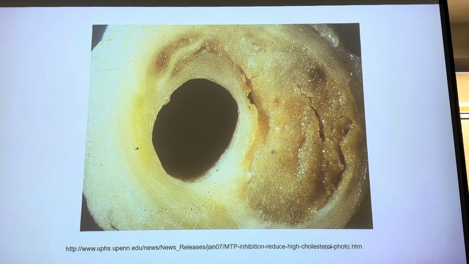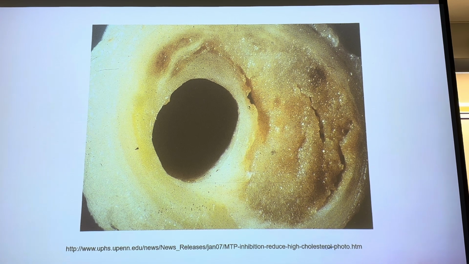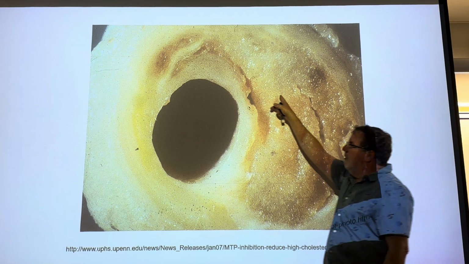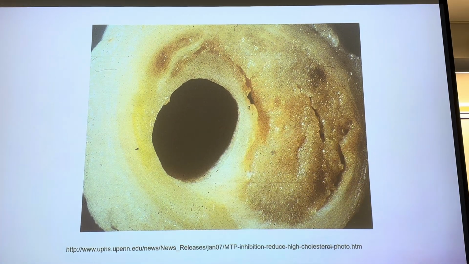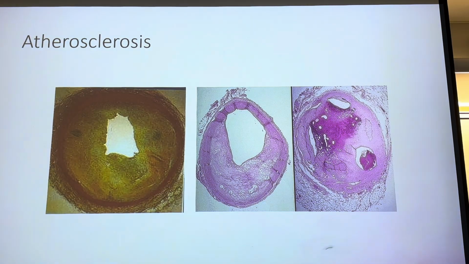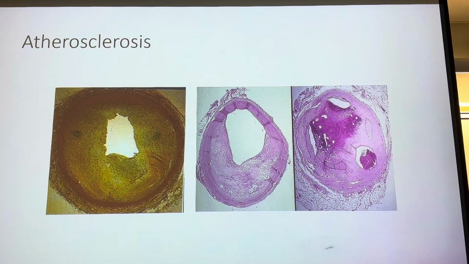Here's a picture of an artery that has had a lot of atherosclerosis build up around it, and again, this is pretty enriched in cholesterol. Here's some other pictures. This one's in pretty bad shape, right? Not much blood getting through there.